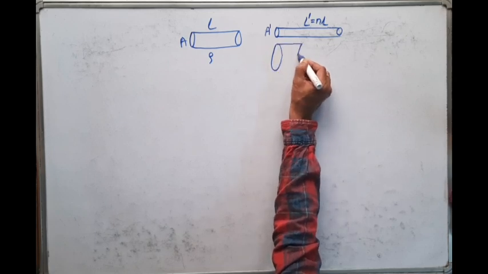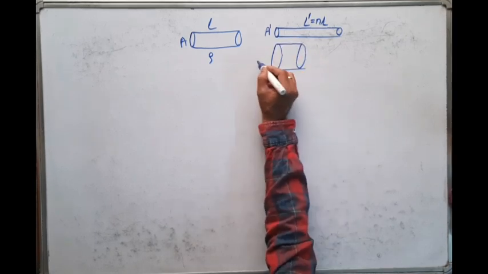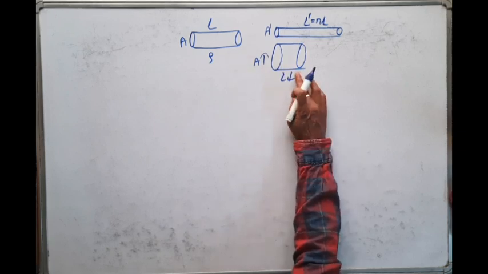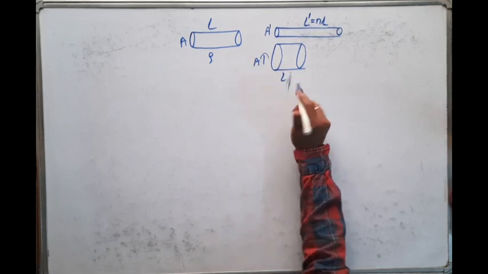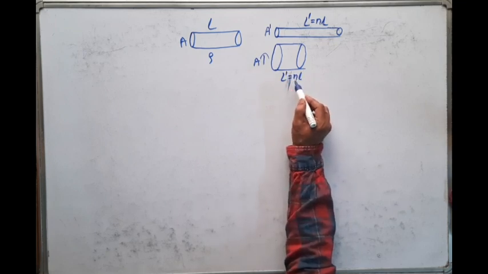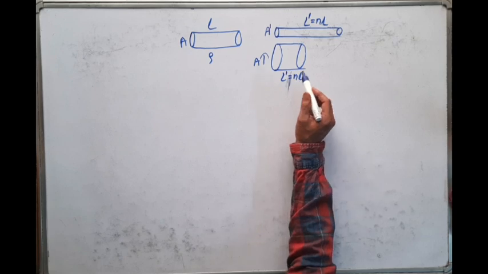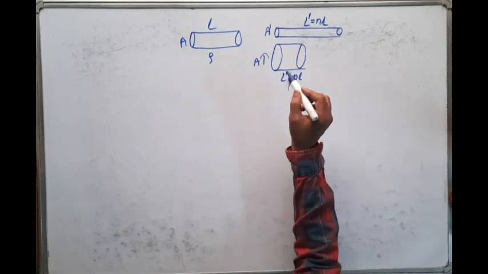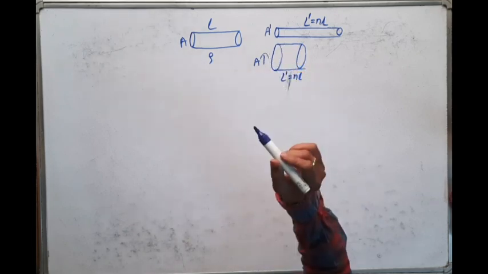By compressing, the area will increase and length will decrease. So let us say the new length L dash is equal to n times L. Here n is less than 1. So whether you are stretching or compressing the length, in every case the area will change.